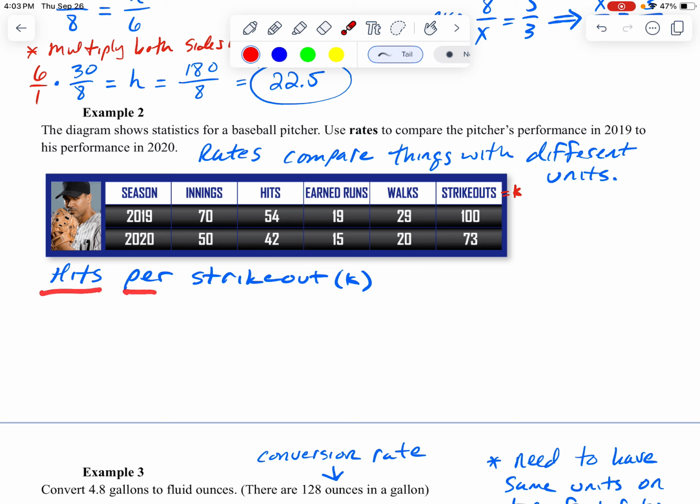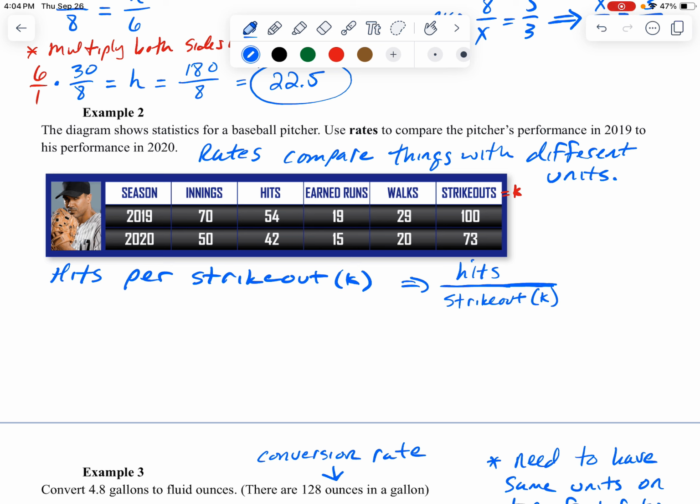If I say hits per strikeout, we're still thinking of this as a fraction where the number of hits is on the top and the number of strikeouts is on the bottom. I'm going to use the variable K to represent strikeouts because that's a common thing that we'll use in baseball, and it'll save us some writing.